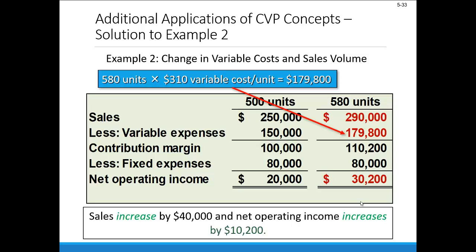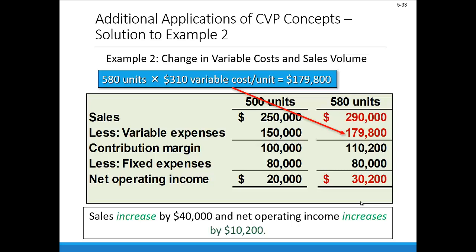So CVP analysis is very helpful for us to think about the relationships between these moving pieces and what it does to profitability. One thing you may have seen in the news quite a bit lately is all the streaming wars, right? Netflix and Hulu and all these types of things. And they're often playing around with price changes. You'll see an article about Netflix, they recently raised the price and lost however many tens of thousands of subscribers.